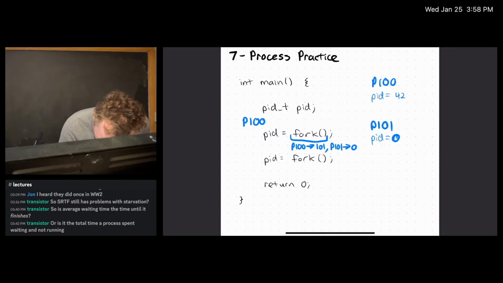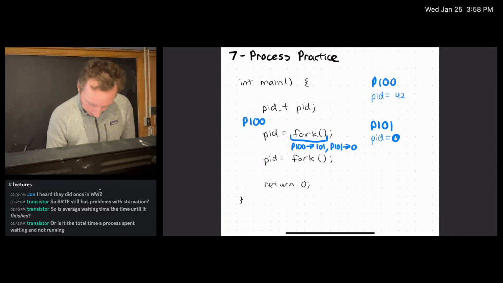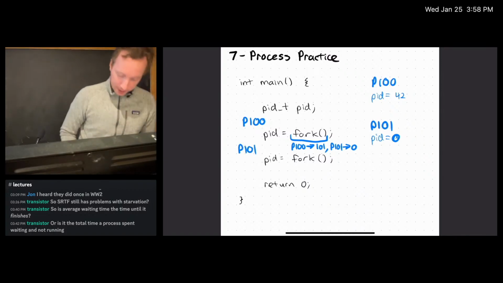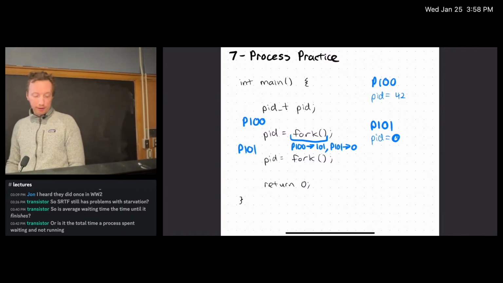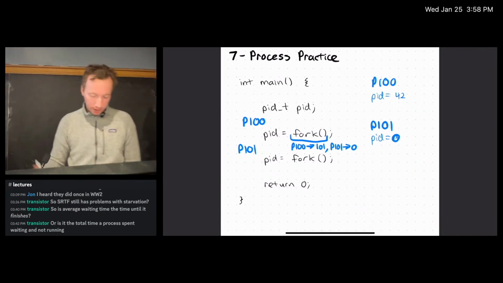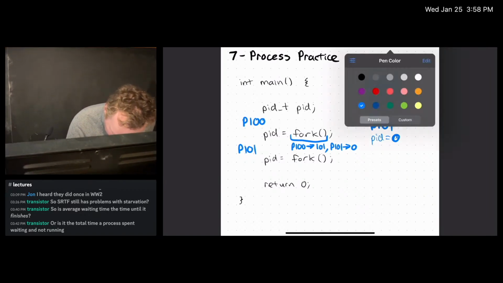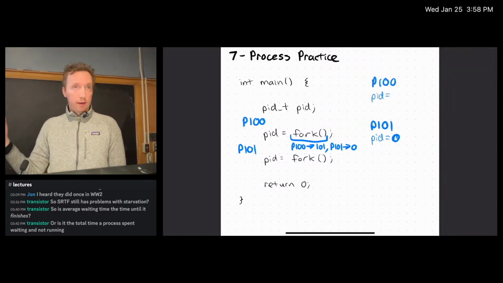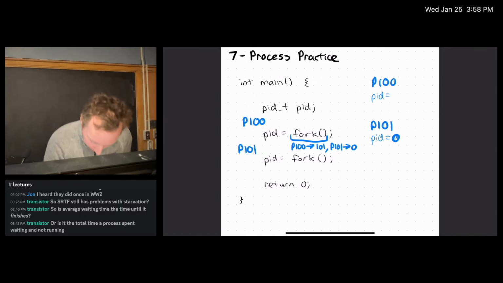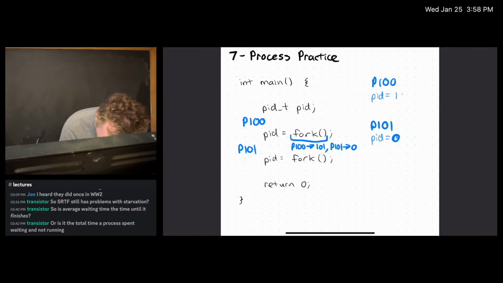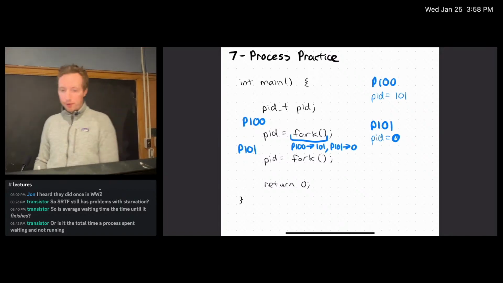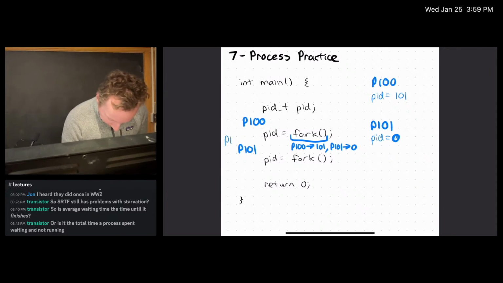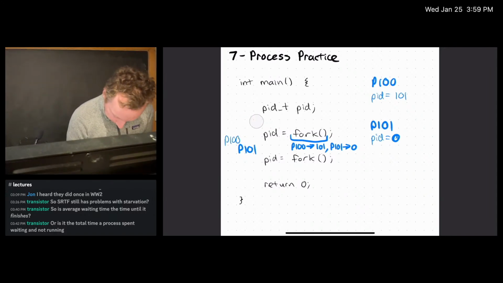So its PID would be equal to 0, and then it is done executing that line. Now, if process 100 goes along, it would just update its copy of PID with its return value of fork, which is completely different from the other one. Its return value of fork is 101 because that's the process ID of the new process. So now at this point, both processes would be on this line.